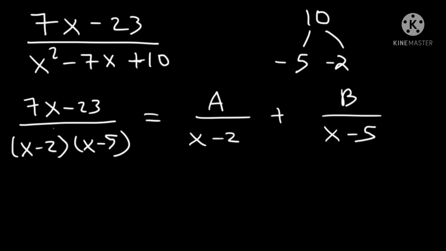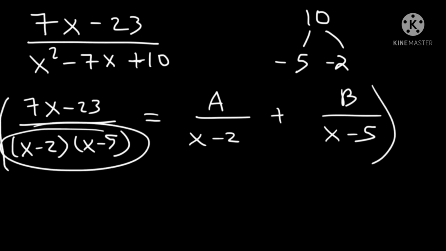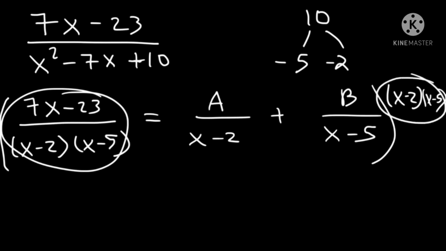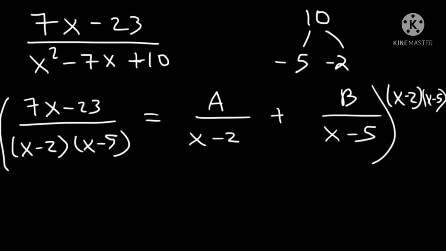So what I'm going to do is multiply both sides of the equation by this denominator, that is, by x minus 2 and x minus 5. If we multiply this fraction by what we have here, x minus 2 and x minus 5 will cancel, giving us 7x minus 23 on the left side.